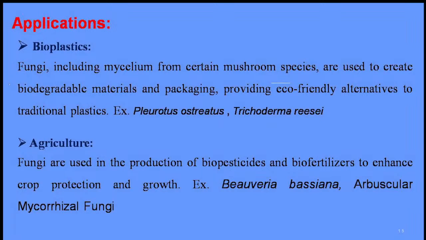Then Trichoderma reesei is also useful in bioplastic research. It can be engineered to produce enzymes for breaking down plant materials, which can then be used as a feedstock for bioplastic production. Then Aspergillus oryzae is also useful, which produces enzymes for various biotechnological applications.